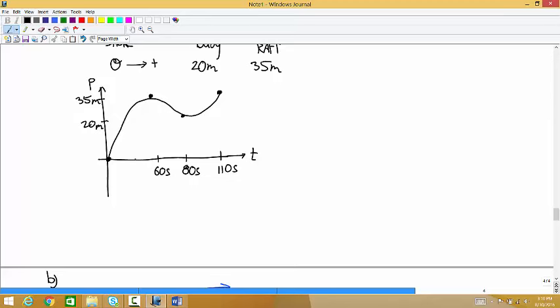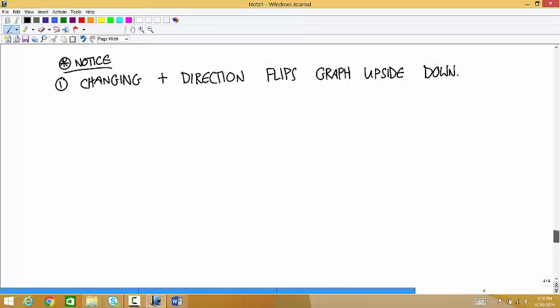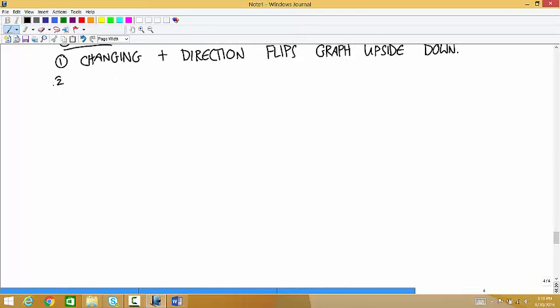This one started at 0. This one started at plus 20. That happened because we changed where the 0 position was. So changing the 0 position shifts the graph vertically.